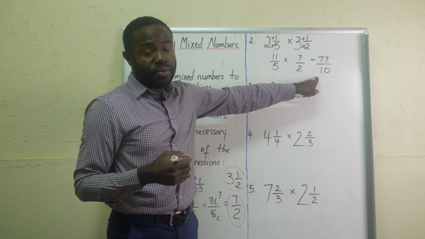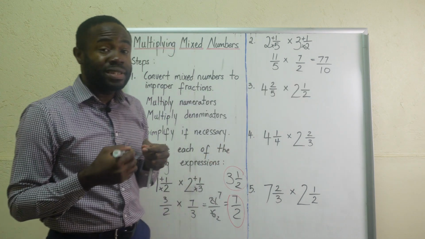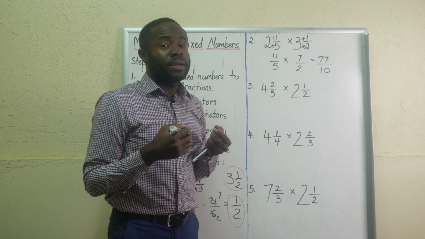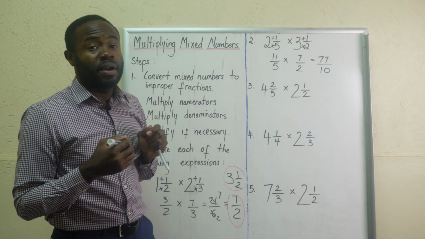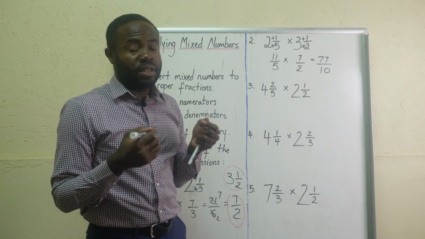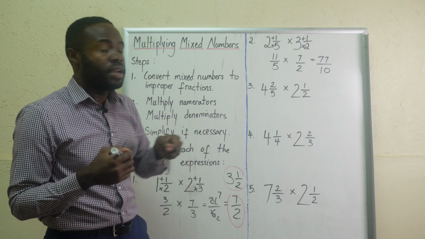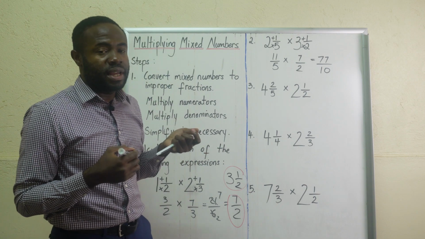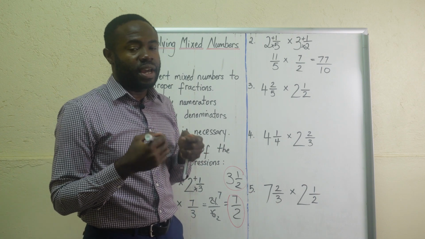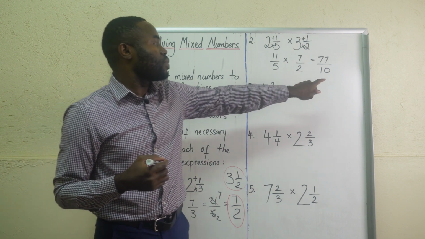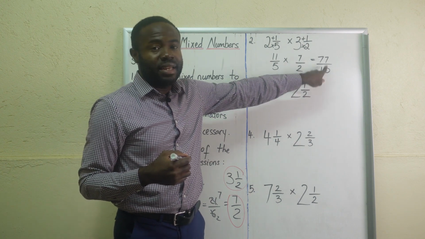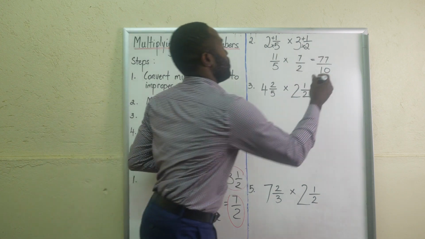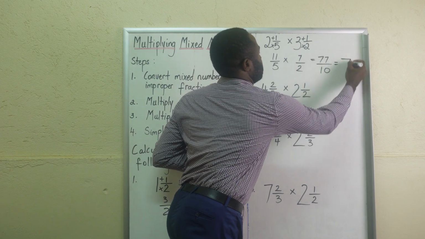The only thing we can do right here is to convert it back to a mixed number, because this is an improper fraction. Remember now that improper fractions are fractions where the numerators are what? Larger than the denominator. As we can see there, 77 is larger than 10. So let's convert this to a mixed number. So 10 into 77, that goes 7 times.